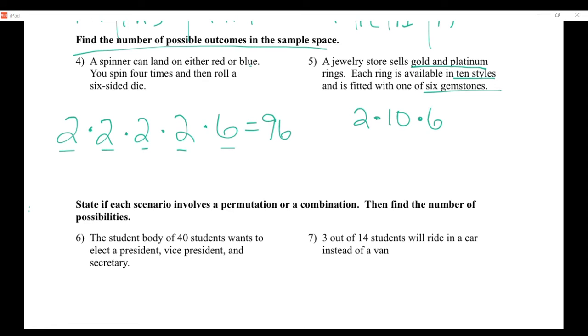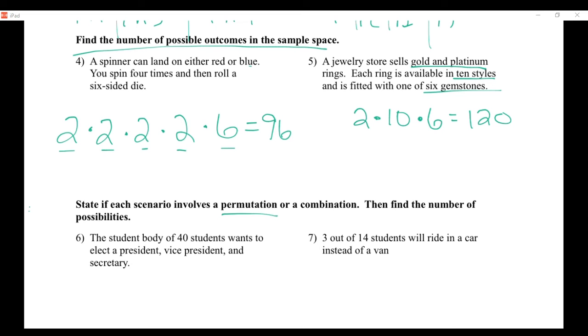This time, instead of spinning a spinner or rolling a die, I'm actually making a choice. For each choice, I multiply by the number of options. Every time you do something, whether it's an action or a choice, you multiply by how many options there are. It's always multiplying by options. This will end up being 120 different possible rings.